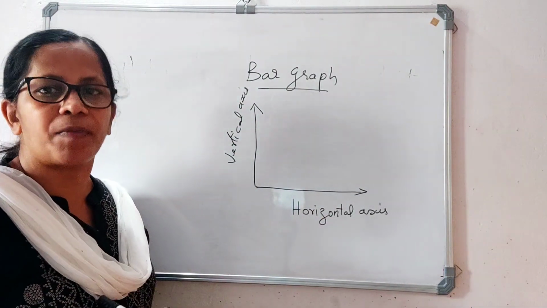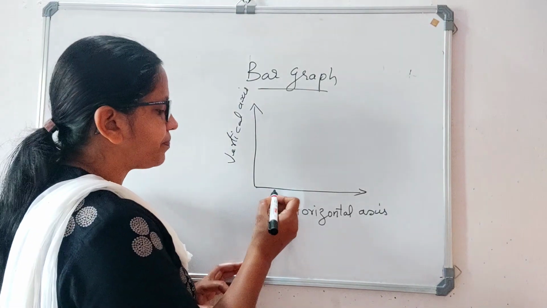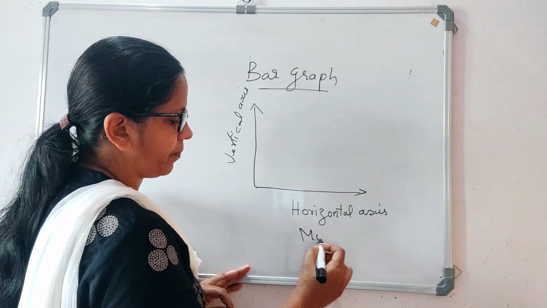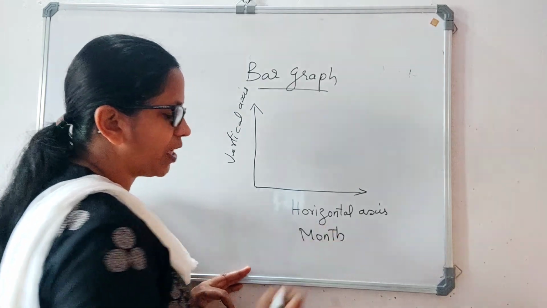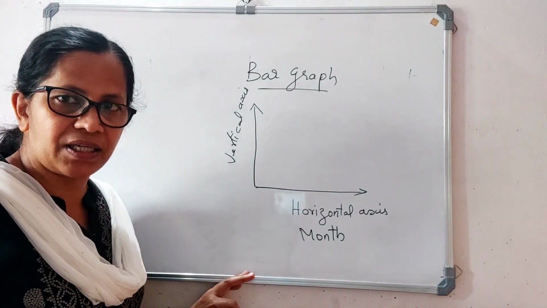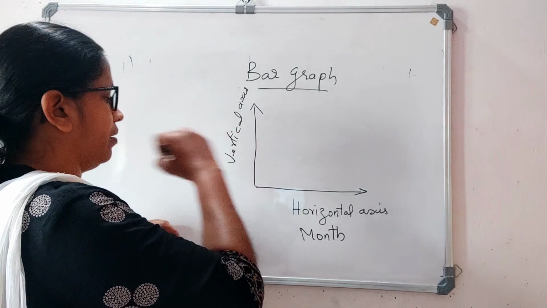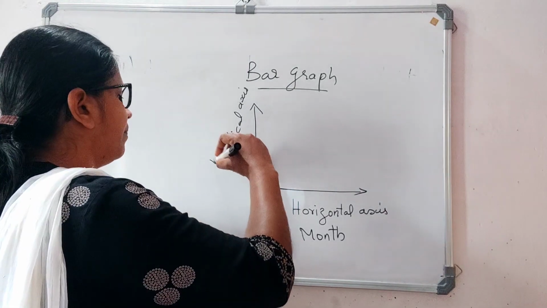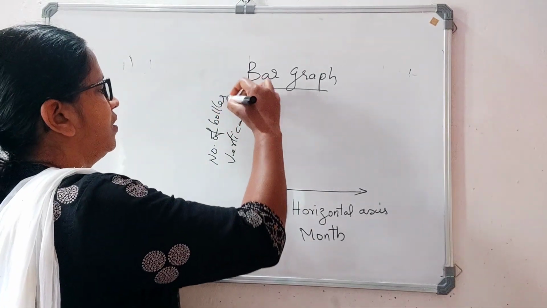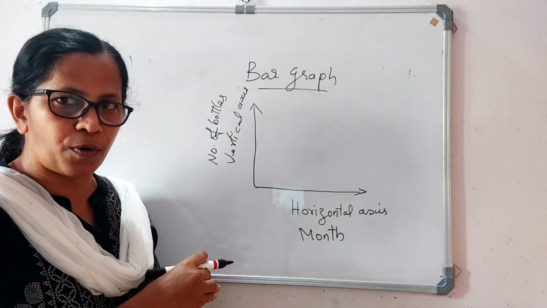On this, we are going to represent the given information. Let us see how we can represent it. On the horizontal axis, we can represent the month, since the data is given in months. On the vertical axis, we are going to represent the number of bottles produced.